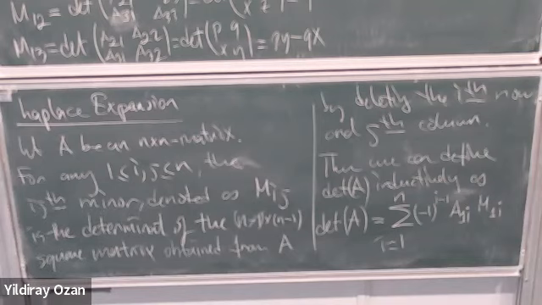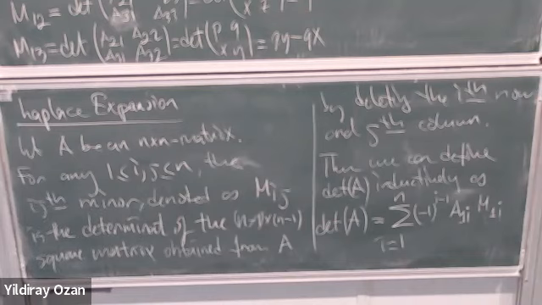A1I M1I. So this is just A11 M11. I forgot the minus sign here: minus 1 to the power I minus 1. When I equals 1, I get 1 minus 1, which is 0. Minus 1 to the power 0 is just 1. So the sign here is 1, A11 times M11.